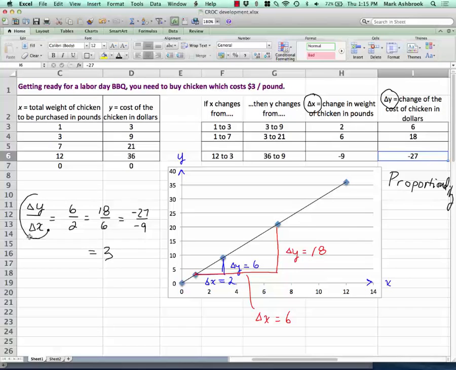What we have is proportionality of changes in two quantities. Listen to this carefully. Proportionality in the changes of two quantities. That is what it means to have constant rate of change.